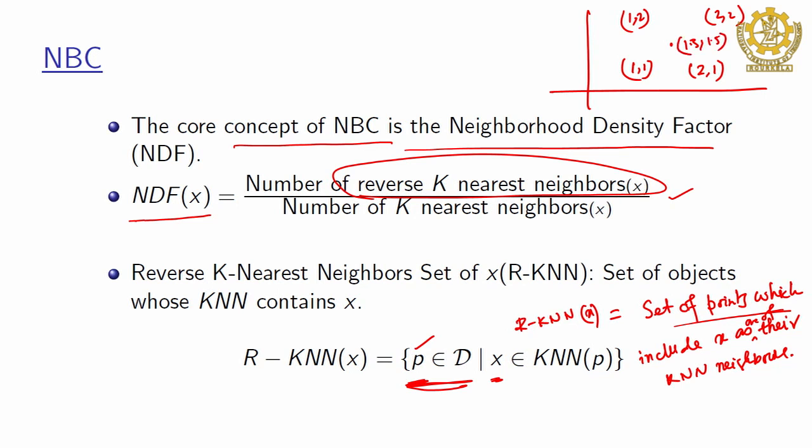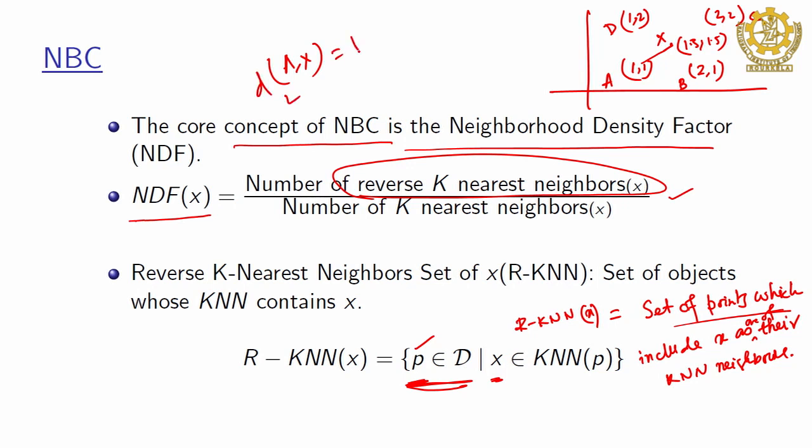Let us say we are considering the L1 distance. Then what will be the L1 distance? Call these points A, B, C, D, and this is X. What will be the L1 distance between A and X?